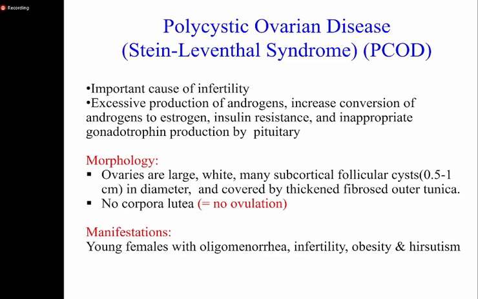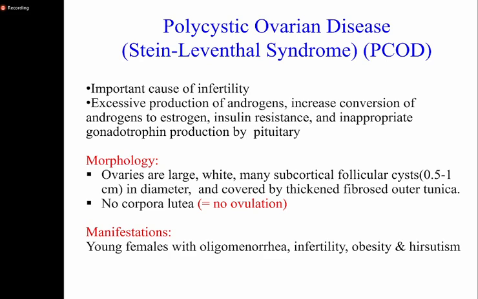Remember, when I started, we said that the cyclic production of ovarian hormones is controlled by the hypothalamus pituitary axis. So when the ovary itself is producing too much androgens, which are the precursor of estrogens, then the feedback axis goes off, and you get inappropriate gonadotrophin production.